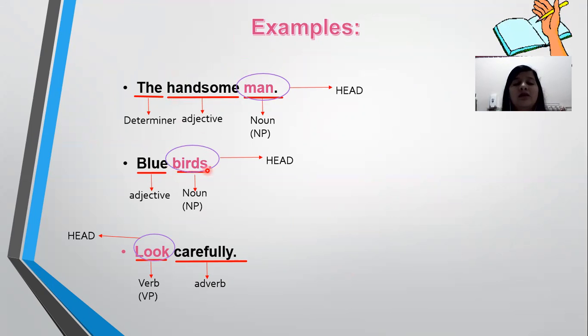Bluebird. Bird is the head word because it is a noun, and blue is a modifier because it describes the bird. In the next example, look carefully. In this example, the word look is the head word because it's the verb, while carefully is the modifier because it's an adverb.